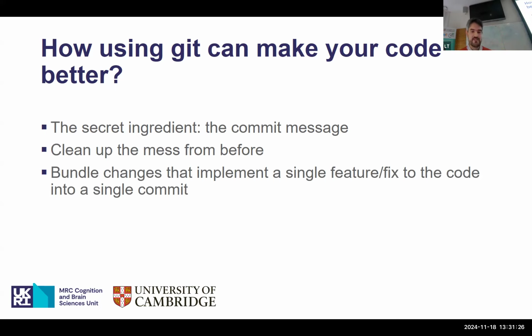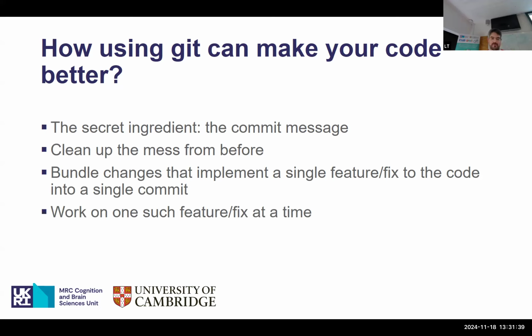It makes you bundle changes that implement a single fix or feature to the code in a single commit. So it gives you more structure that way, just a bit more thoughtful about what I'm doing. It will prompt you to work on one feature or fix at a time. Or if you're working on parallel things, then you can compartmentalize them into separate branches.